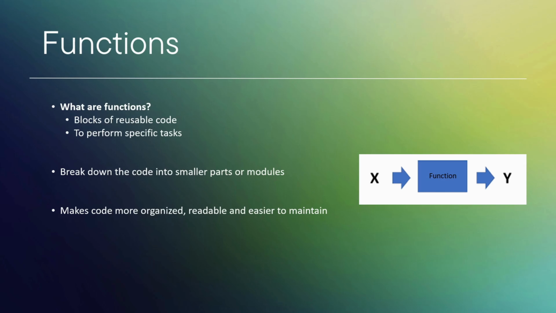It is also used to break down the code into smaller parts or modules. This will be much more clear when we actually start coding, and it makes the code more organized, readable, and easier to maintain. Now if you look at the image on the right side, you will see a visualization of what a function is.